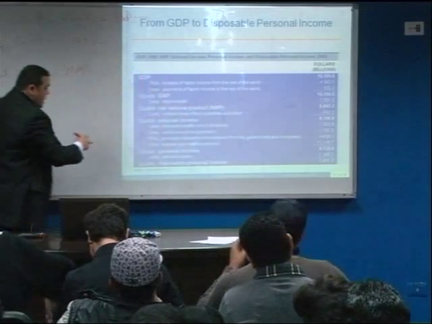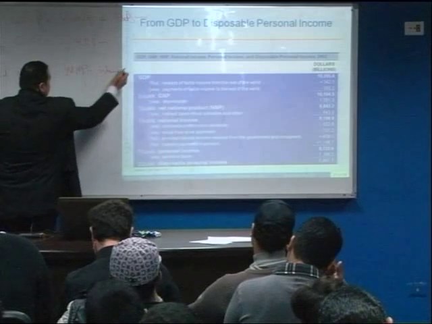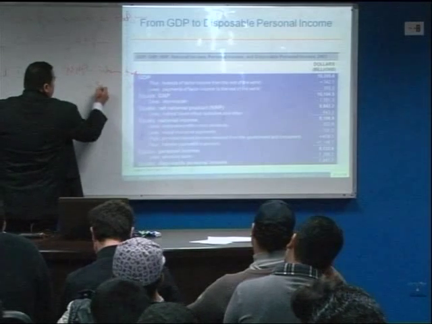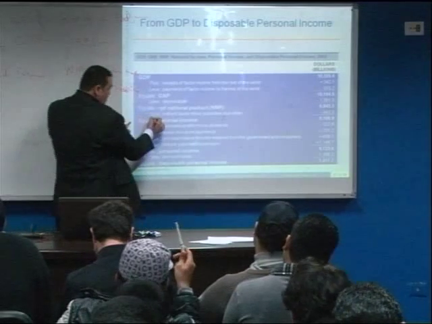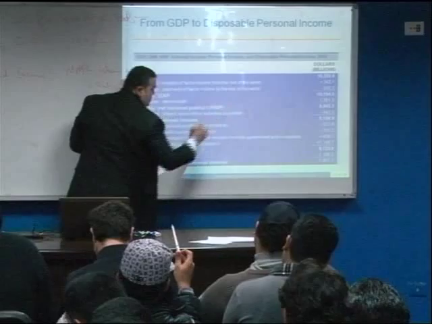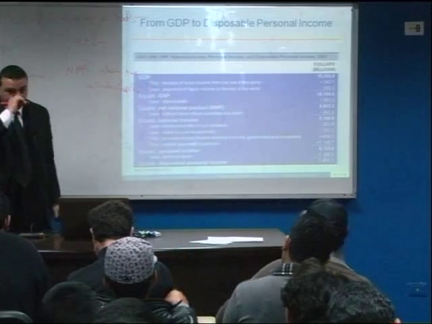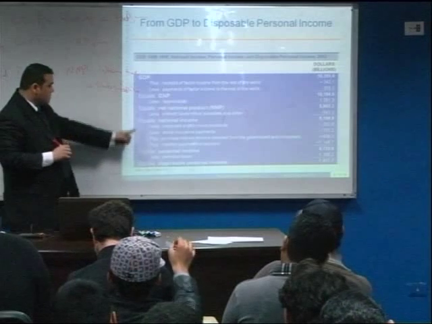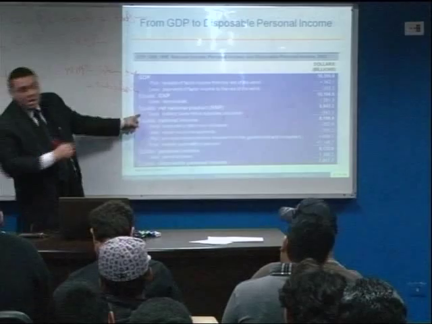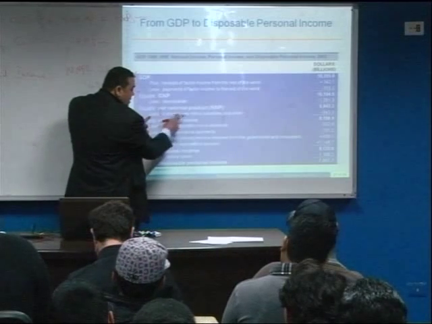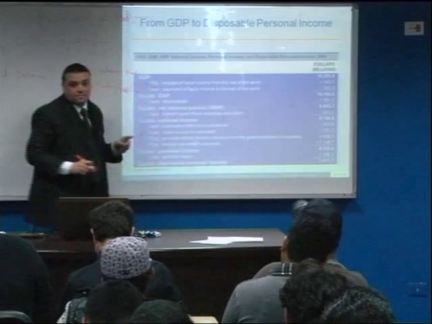So minus indirect taxes plus subsidies. So it should be like this. Right? Why is it minus subsidies there? Sorry? It's minus subsidies. Less here means minus. Minus times minus positive, yeah. Minus times minus equals positive.